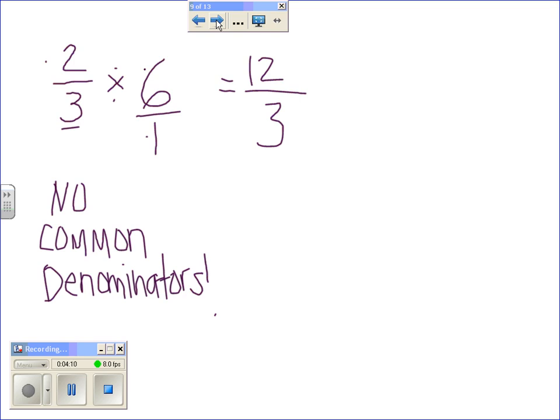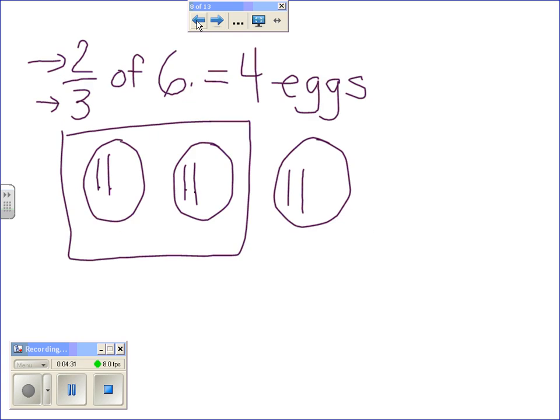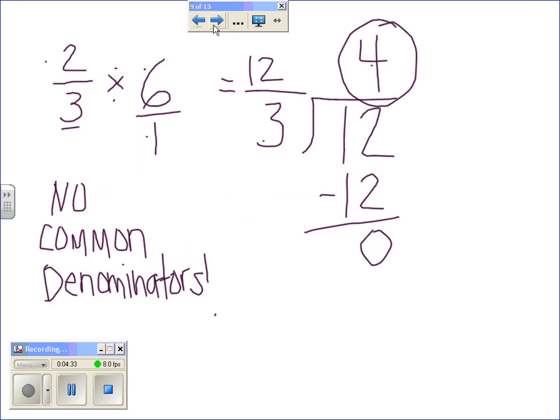Remember, an improper fraction is when the numerator is larger than the denominator. We divide to simplify. How many times does 3 go into 12? 4. 4 times 3 is 12. Nothing left over. My answer is the whole number 4. Now it matches. 4, 4. I'll add my label. 4 eggs.